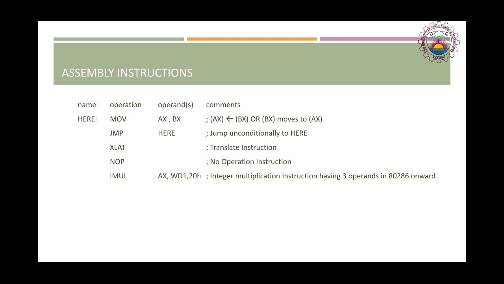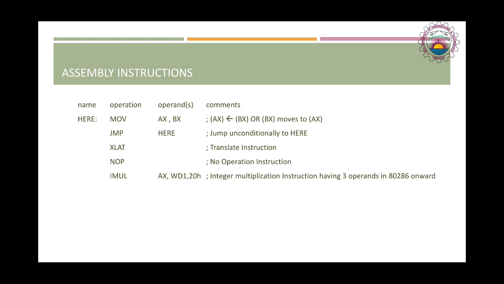Then you have the XLAT instruction, translate instruction, with no operand, and then you have the NOP instruction, no operation, which also has zero operands. In the last you have an IMUL instruction.